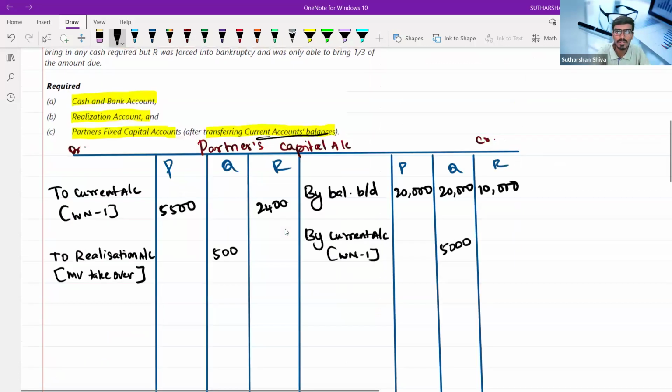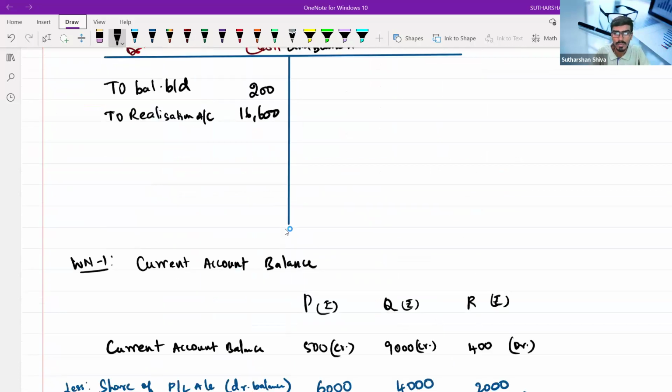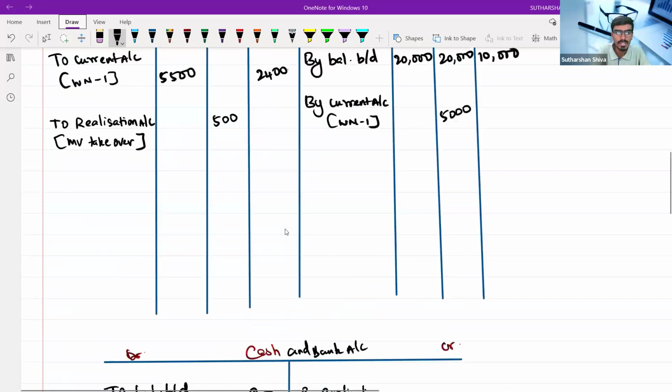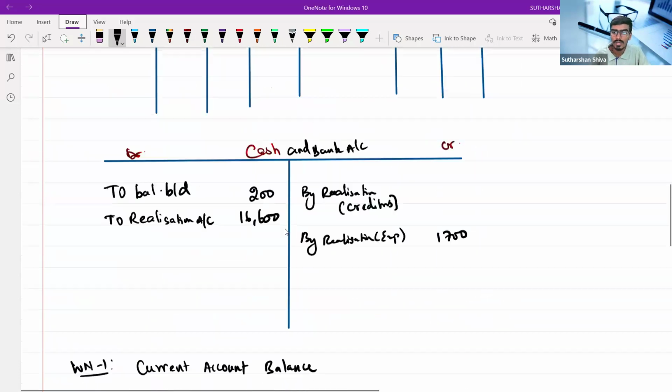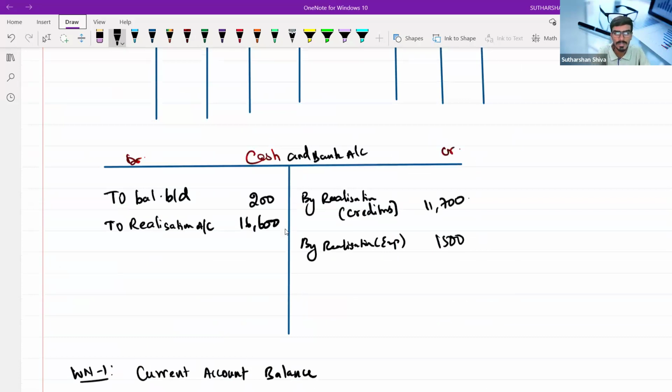Then go to the cash account on the credit side by writing by realization. Bracket is creditors, 11,700. Another realization is expenses, 1,500. Now expenses is done.